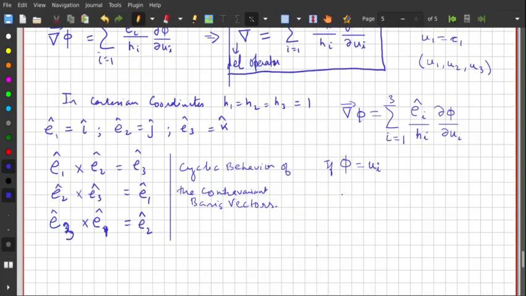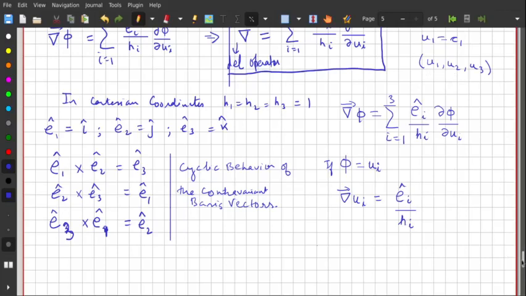Grad phi becomes grad u_i, and the sum will only survive for the component where phi is u_i. The cross terms will not be there, because the derivative of, say, u1 with respect to u2 will be 0, because u1 and u2 are orthogonal and independent coordinates.